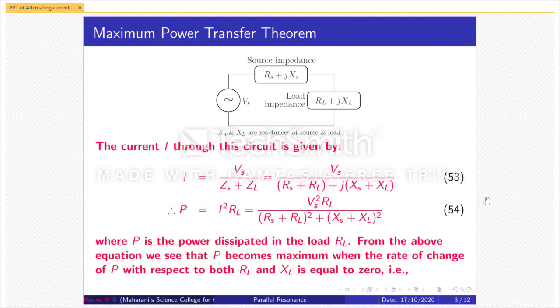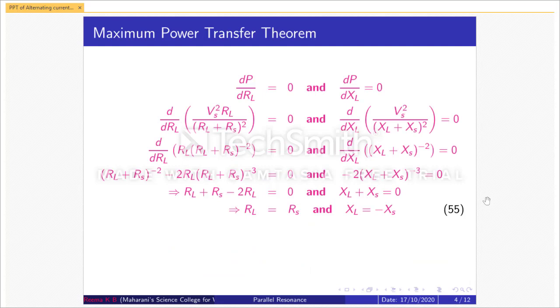That is, dP/dRL = 0 and dP/dXL = 0. Substituting for P, d/dRL of Vs² RL / (RL + Rs)² is equal to 0, and d/dXL of Vs² / (XL + Xs)² is equal to 0.